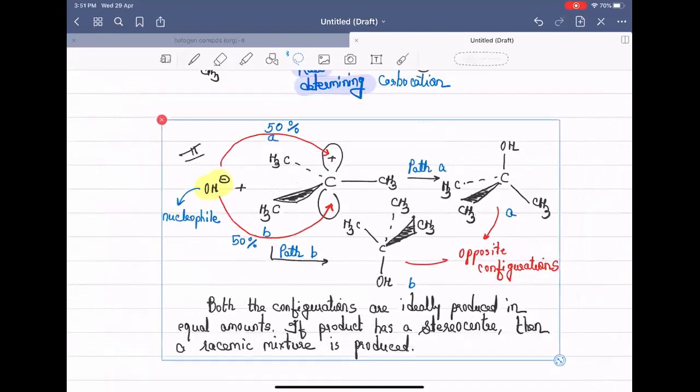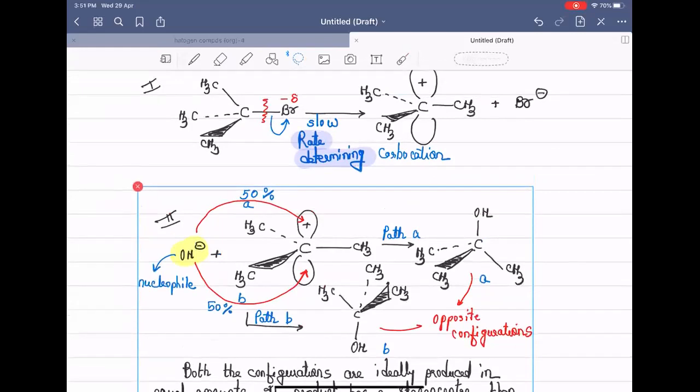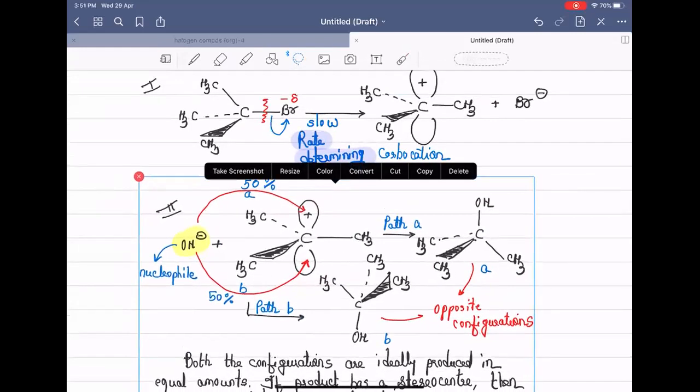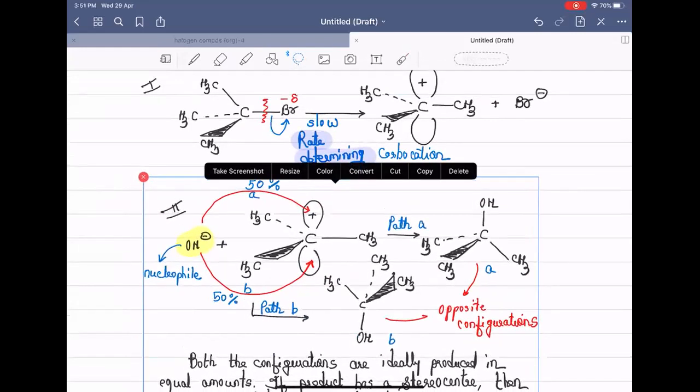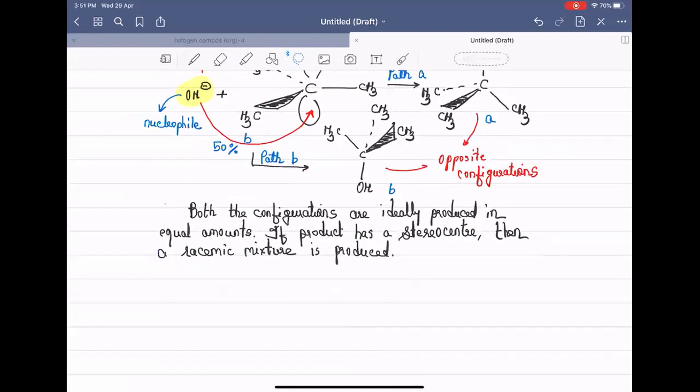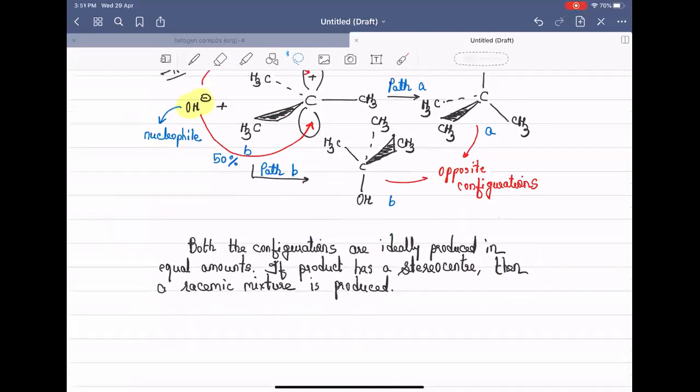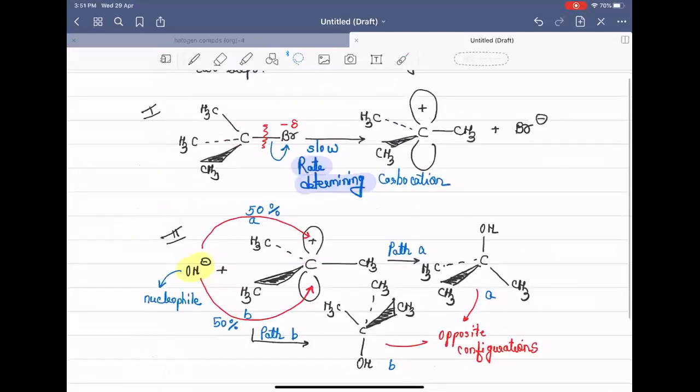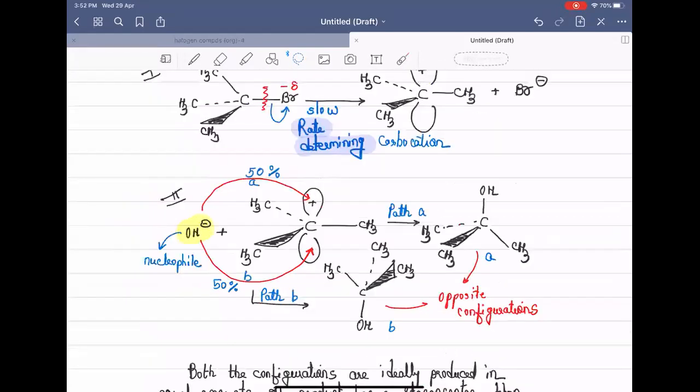Now, one important thing that I have to share here, and you all have to know this. Just a moment, let me put this properly. So yeah, step number 1 and step number 2. Here you may say that both the configurations are produced in equal proportions, so you have a racemic mixture.